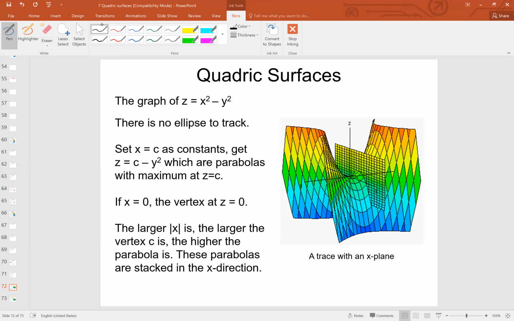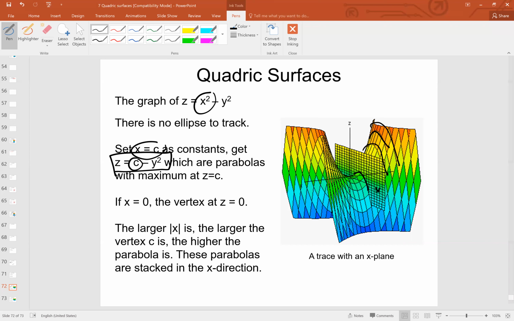Which number gets bigger? When x gets bigger. Yeah. When x gets bigger, then the c gets bigger, then the parabola gets bigger and bigger. That's why in these x planes, when x gets bigger, you get a parabola that keeps rising higher and higher. Downward parabola, c minus y.